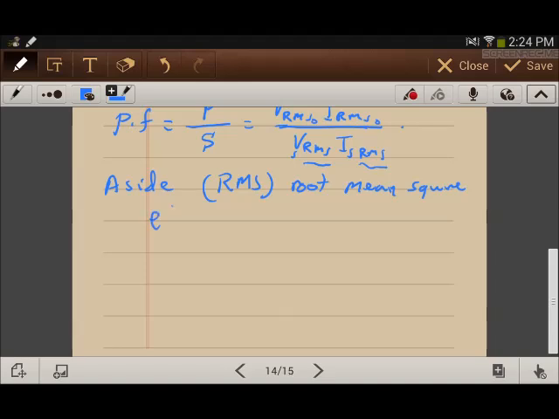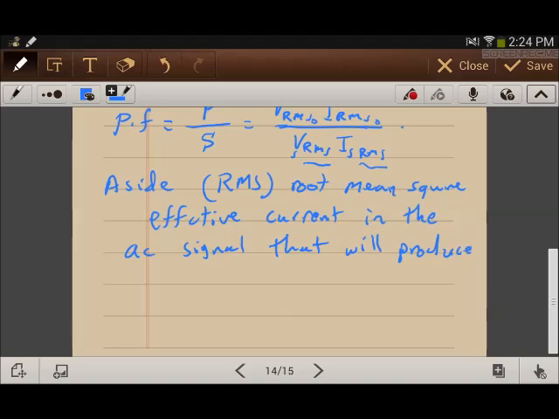It's actually the effective current in the AC signal that will produce the same amount of power that a DC current will produce.